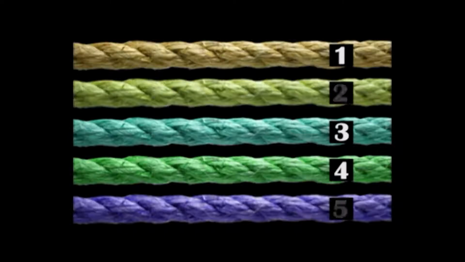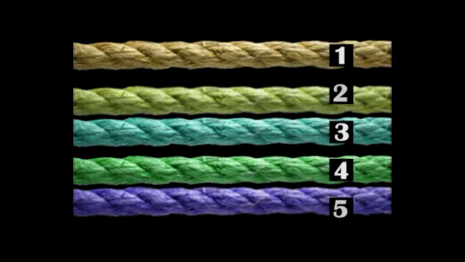In this case, if I tell you to change the position of rope 2 and take it to the position of rope 5 and bring rope 5 to the position of rope 2, now the order would be 1, 5, 3, 4 and 2. If I give you this example and if I give you a rope, you will be able to do it. That is not an issue at all. This is the concept of non-linear editing.